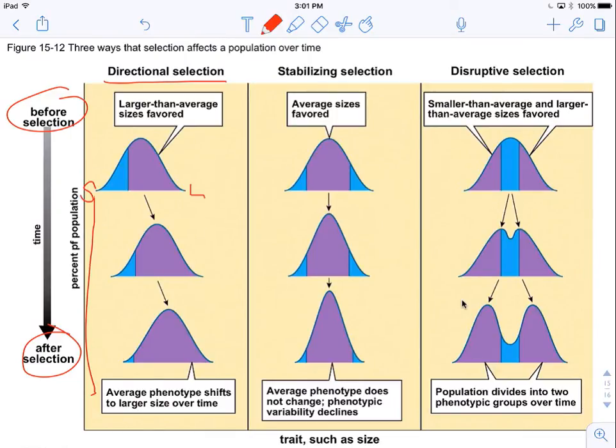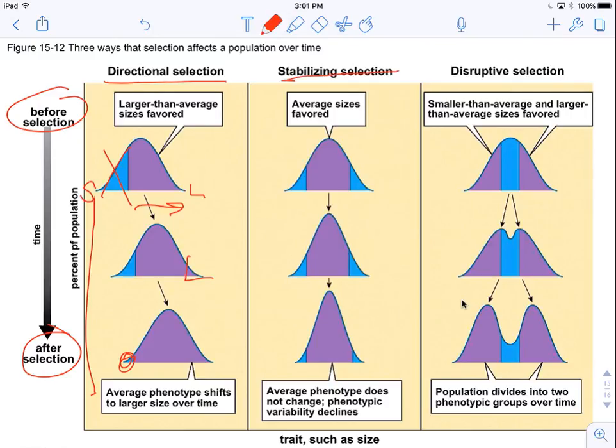And so if you have selective pressure that is favoring the larger individuals, the smaller individuals will be selected against, and it will shift towards the larger individuals. So larger individuals become much more common, and you lose all the small individuals. That's directional.